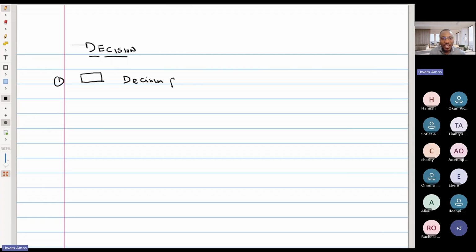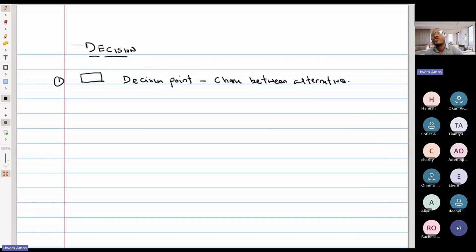Whenever you see a decision point, it basically means that at that particular point in time, you need to choose between alternatives. So you could have 2 options, you could have 3 options, you could have 5 options. So that's the decision point.